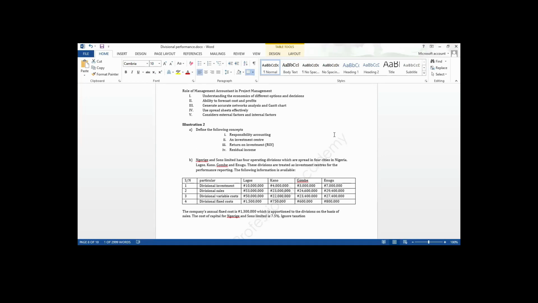Your duty is to monitor all the overhead costs that the company incurs, any cost that cannot be traced to a product, all the indirect costs.